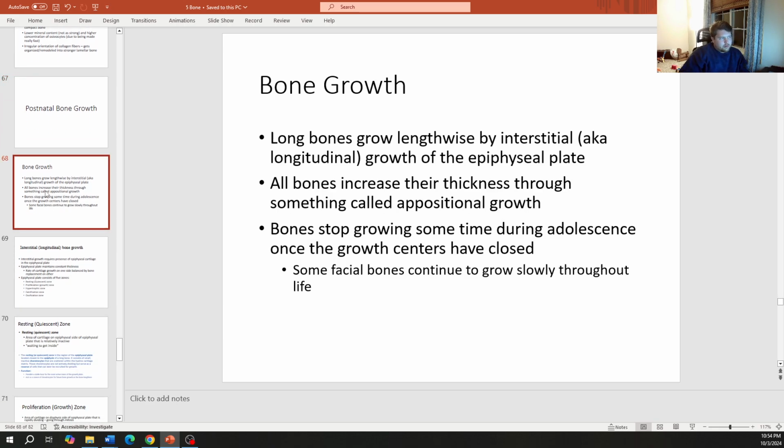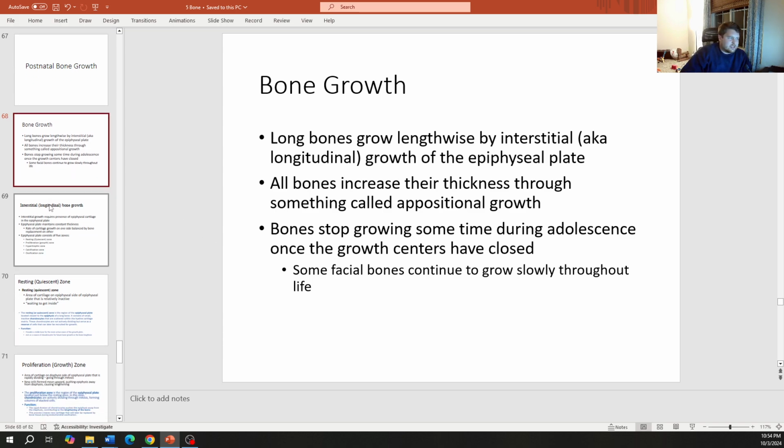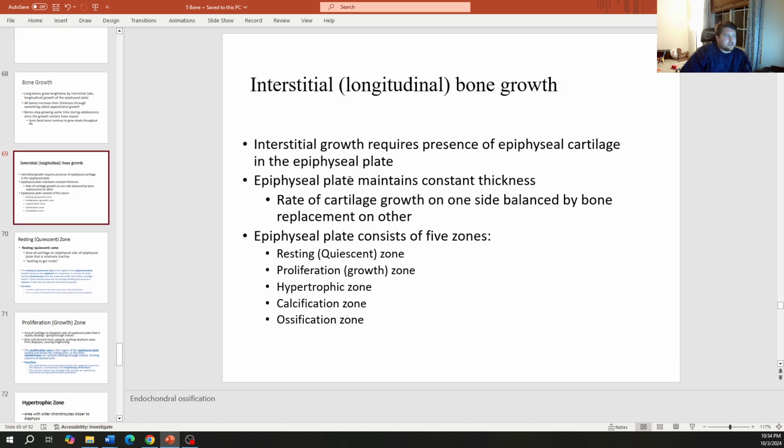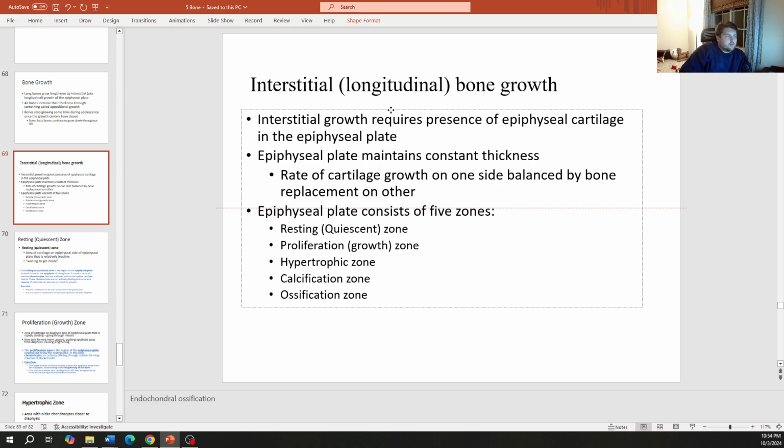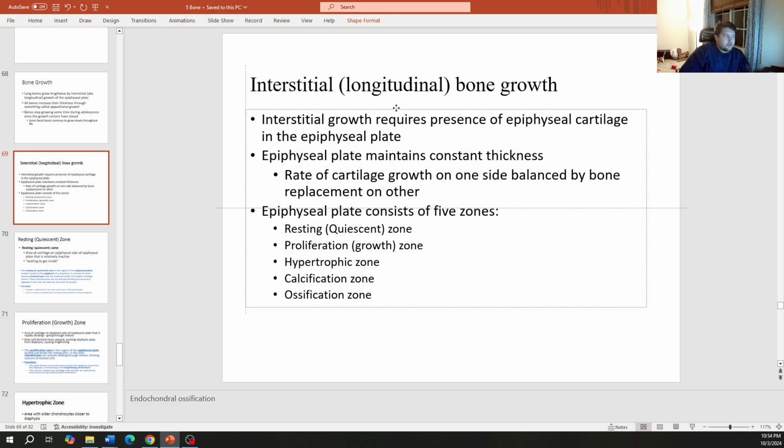Postnatal bone growth. So long bones grow lengthwise by what is known as interstitial or longitudinal growth. They increase their thickness through appositional growth. And then bones stop growing once those physes, once those growth centers have closed. The interstitial bone growth, we talked about, that hyaline cartilage is being put down.